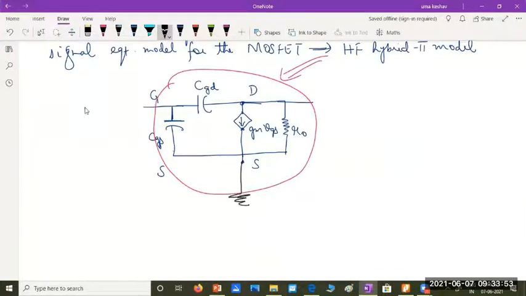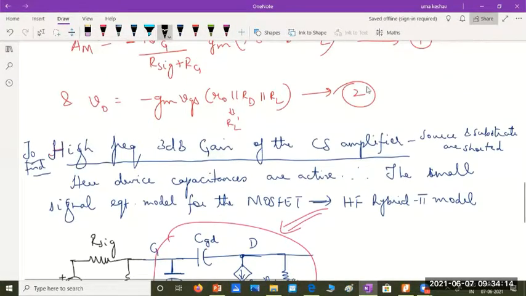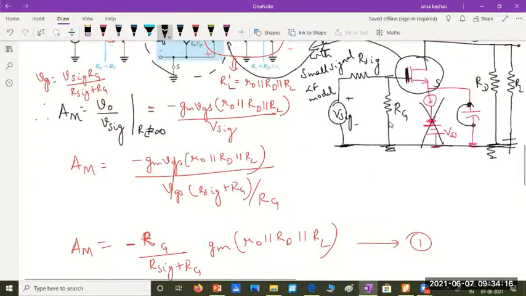On the input side, I have to consider the biasing resistance RG, the signal generator resistance Rsig, and the signal generator Vsig, between the gate and ground.